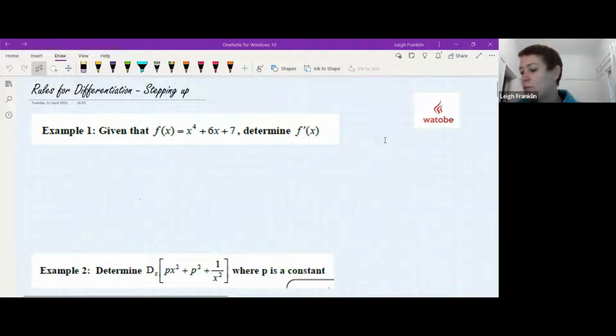Example number 1 really is the most basic, simplest example that you could probably get. I would say in all of your exams, a question like this would be the first one, where they're asking you to apply the rules to find the derivative. Something really nice and straightforward.